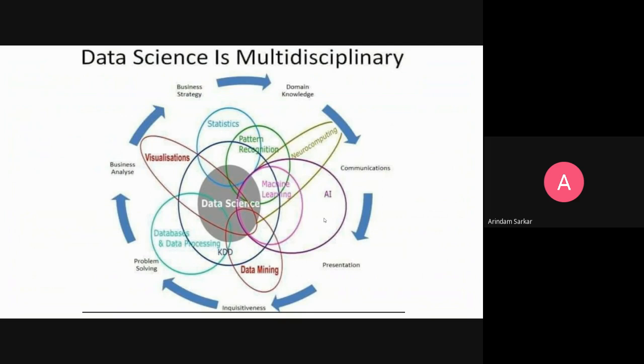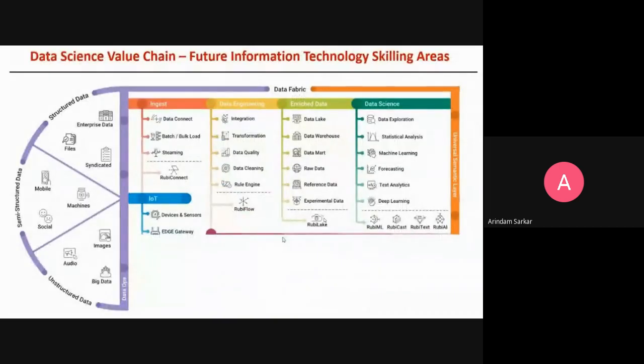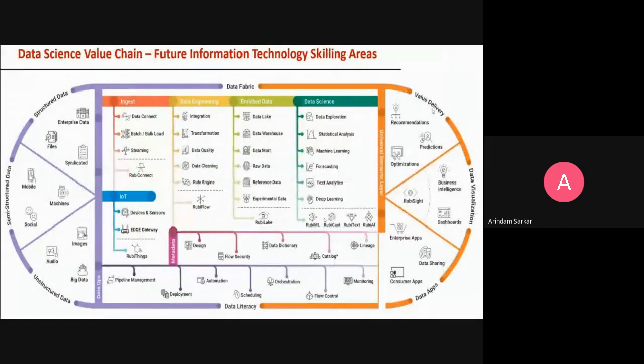Here the participants may be from different backgrounds. So for any background, you can use these particular tools of data science, because if you have data, you can use these tools. So this is basically the whole data science value chain. This is a complete scenario of data science, starting from where and ending where.